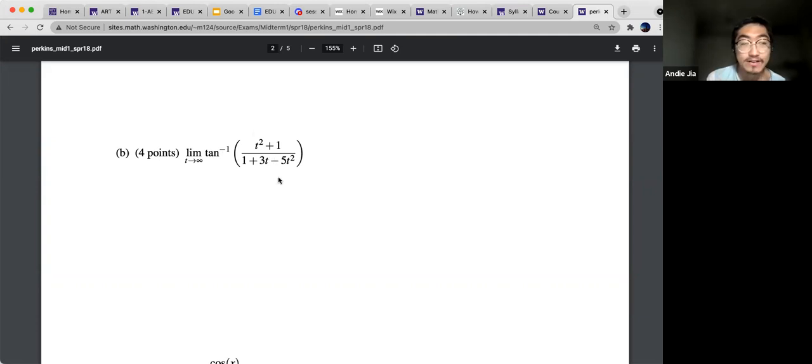When you have a limit at infinity, you always divide by the highest power in the bottom. So it's 2 here, and a 1 here, and what you're left with is 1 over 5. Then this limit should be inverse tangent of 1 over 5.